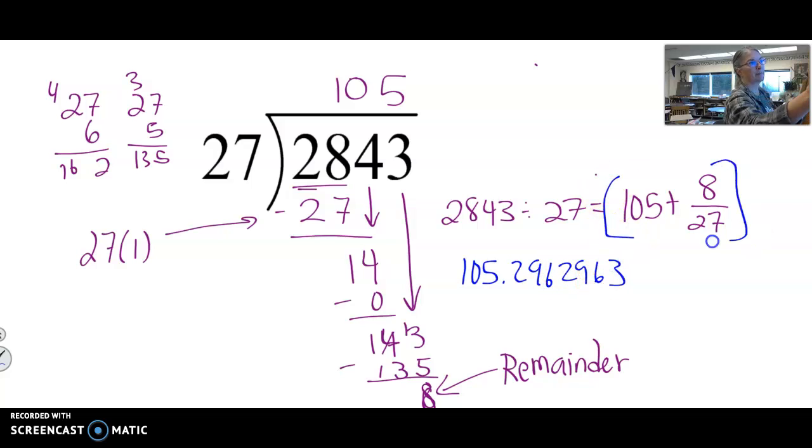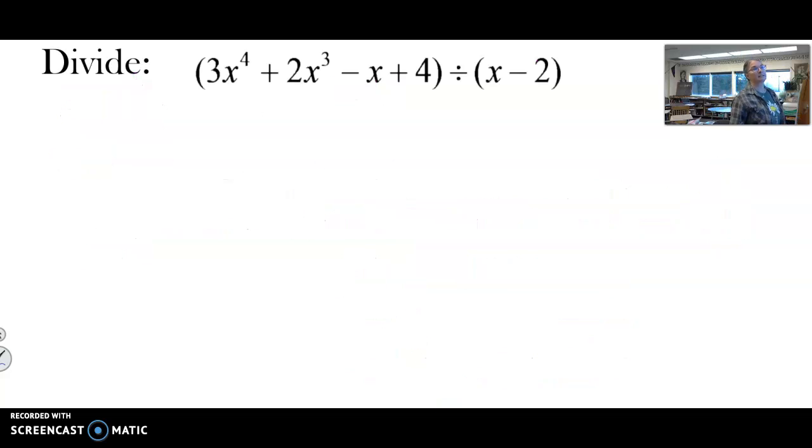And let's compare it to that. So basically we have the 105, so the decimal part would be the 8 divided by 27, which is the same thing that you get here. So this is the process, and we're going to apply this with polynomials.